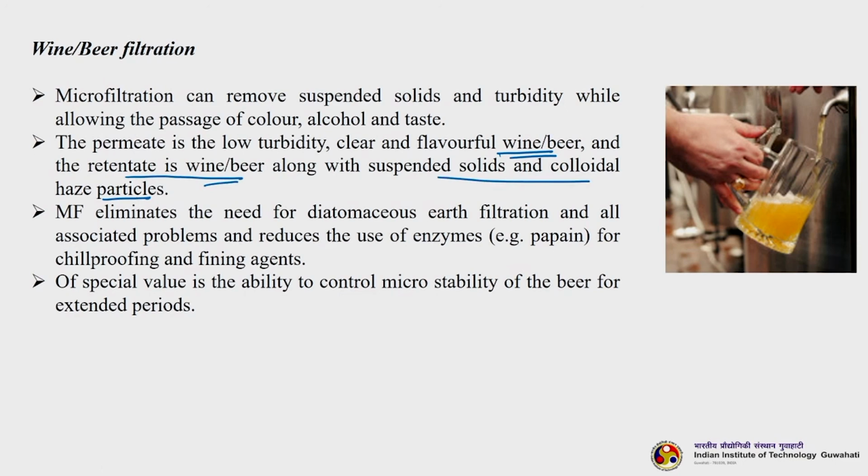Microfiltration eliminates the need for diatomaceous earth filtration and all associated problems, and reduces the use of enzymes for chill proofing and fining agents. Of special value is the ability to control microstability of the beer for extended periods. Since it is removing most of the components which may create a problem of stability, the stability is enhanced if you are going for microfiltration of wine and beer.